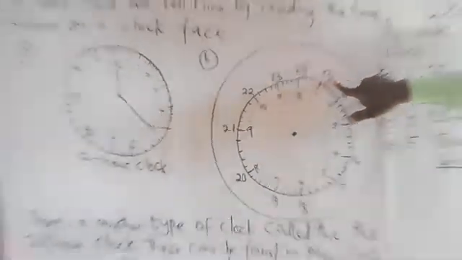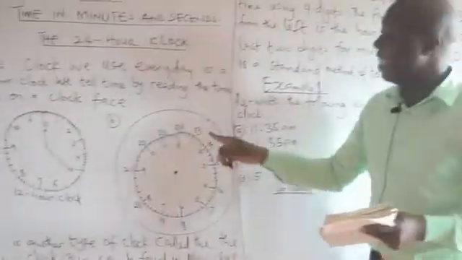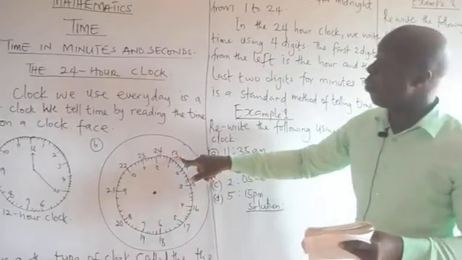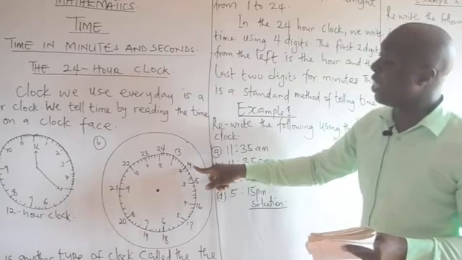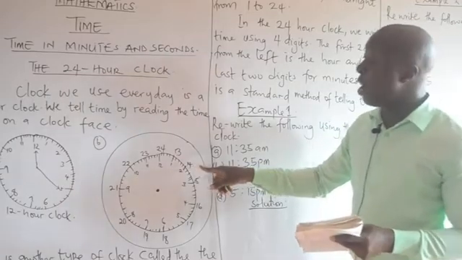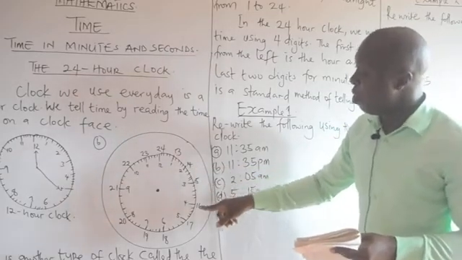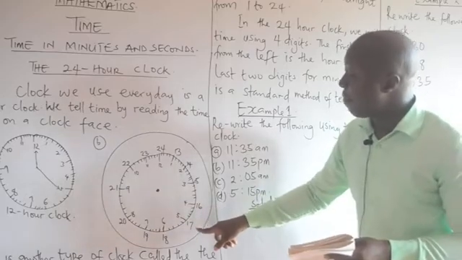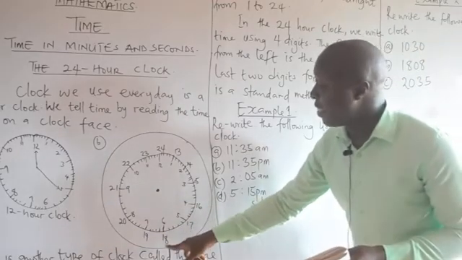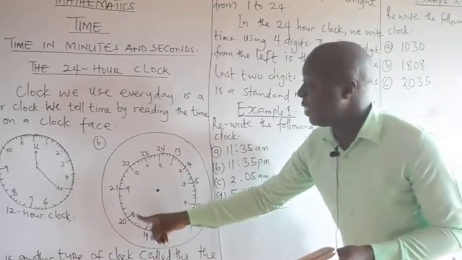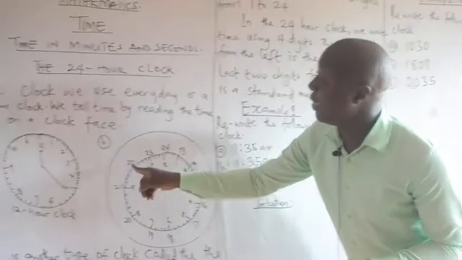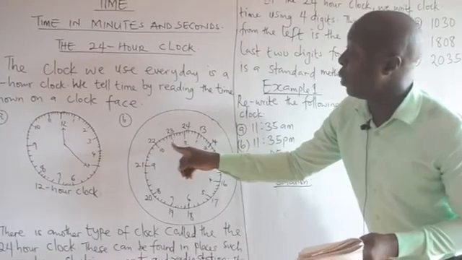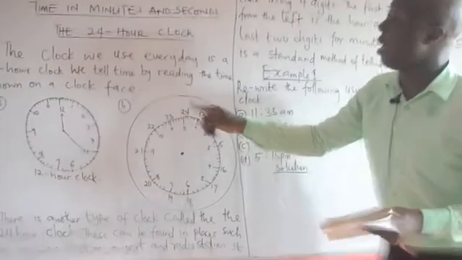That is, 1 represents 13, 2 represents 14, 3 is 15, 4 is 16, 5 is 17, 6 is 18, 7 is 19, 8 is 20, 9 is 21, 10 is 22, 11 is 23, and 12 is 24.